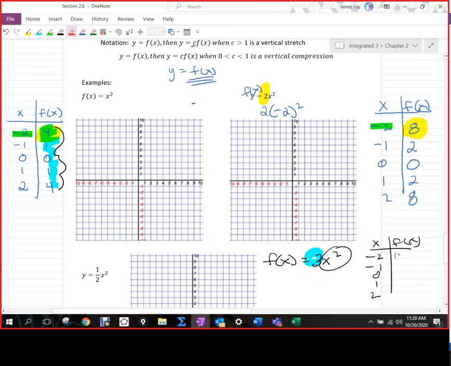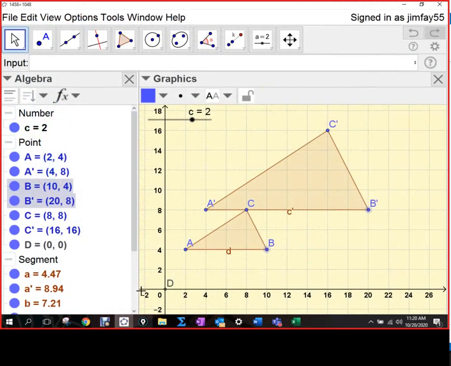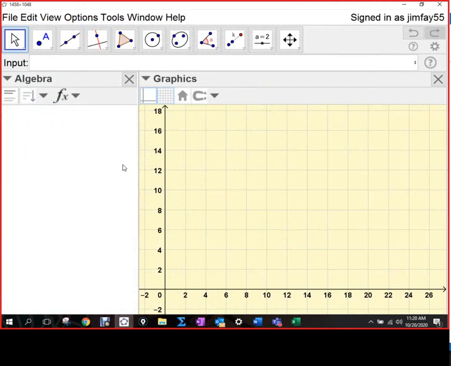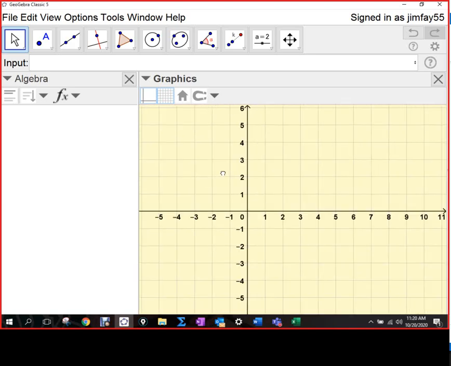So I'd have -2, 12, -1, 3. I'd have 0, 0, 1, 3, and 2, 12. I'm just taking these y values from my parent function and making them 3 times bigger. Okay? You can see that in our work here.